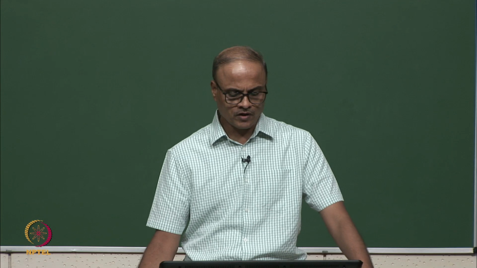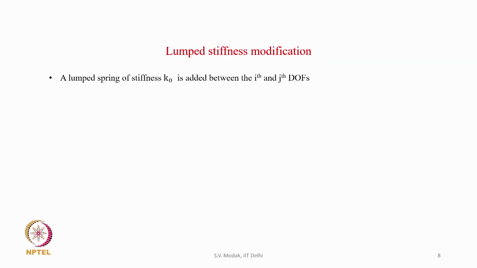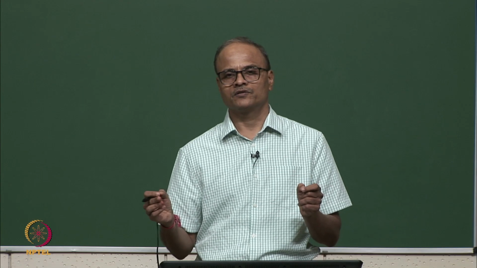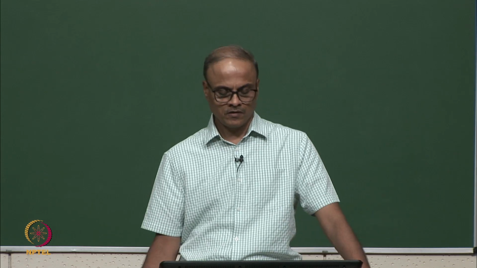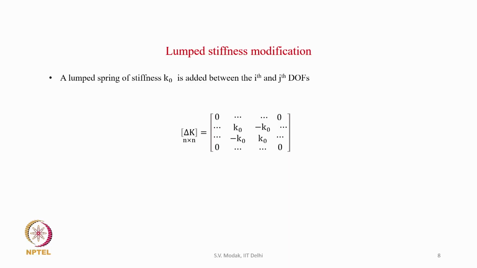Let us now look at what is lump stiffness modification. Lump stiffness modification involves adding a lump spring of stiffness, say k naught, between the ith and jth DOFs. So, between the ith and jth measured DOFs, lump stiffness k naught is added. What will be the delta k matrix for this modification? This is the delta k matrix.